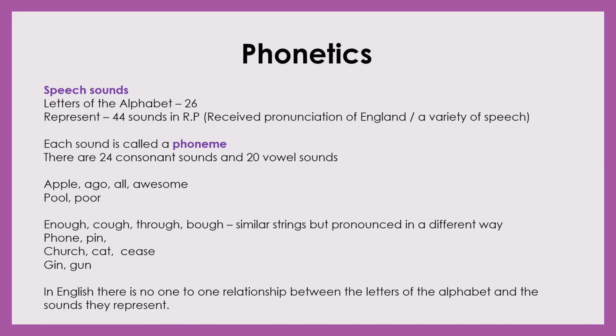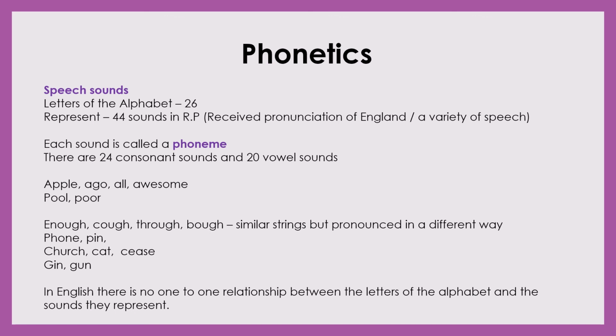The third one, enough, cough, through, bow. There are four words, and in these four words, similar strings are there: O, U, G, H. We can find all these letters in all the four words. But when we pronounce them, we do not pronounce them in the same way.